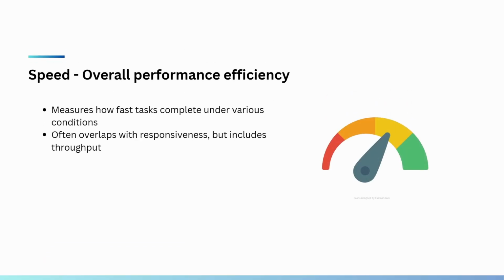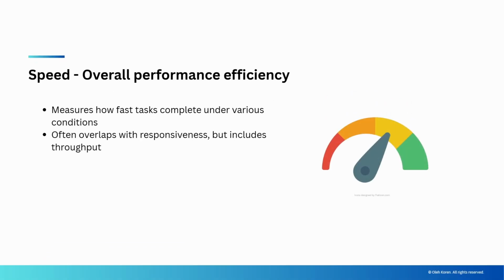And the last key area is speed. Speed focuses on how fast specific tasks or operations are completed. Even if a system is rock solid and can scale to support thousands of users, people won't be happy if every page takes forever to load or every report takes minutes to generate.